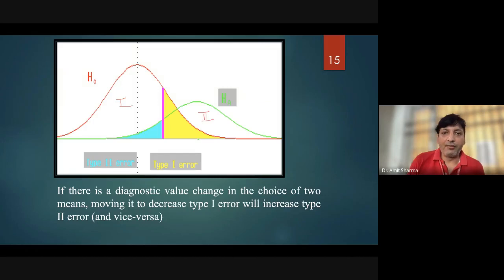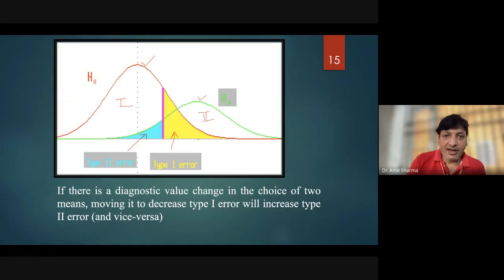As a researcher, you might be expecting this thing more and this thing less. So I have drawn a graph, one bigger and the second one shorter. But at the same time, you can expect both types of error. Type 1 error is shown in yellow color, and type 2 is shown in sky blue color.